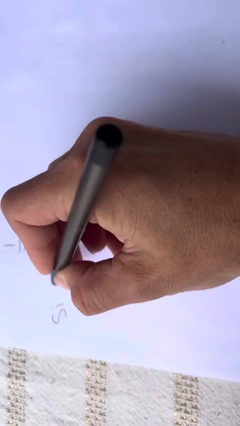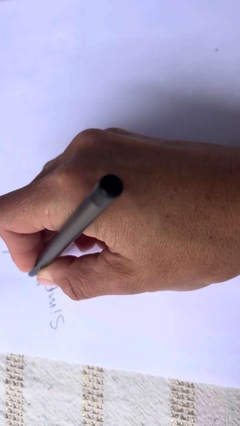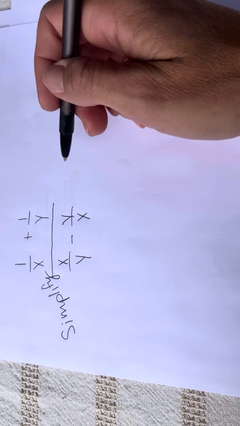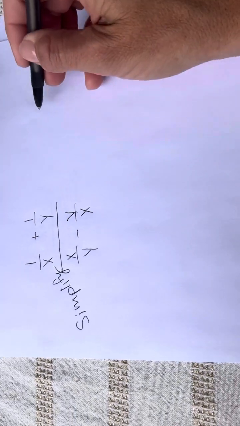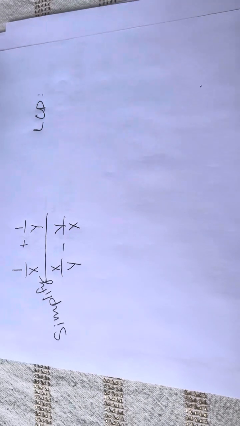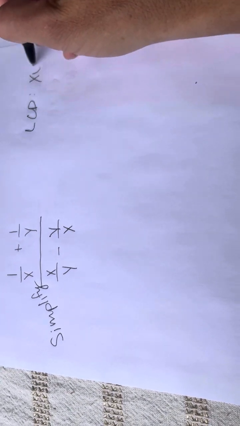Let's try another one. Okay, so we're going to simplify this complex rational expression. So I need to figure out what my least common denominator is of the whole thing. And that's going to be that x times y.